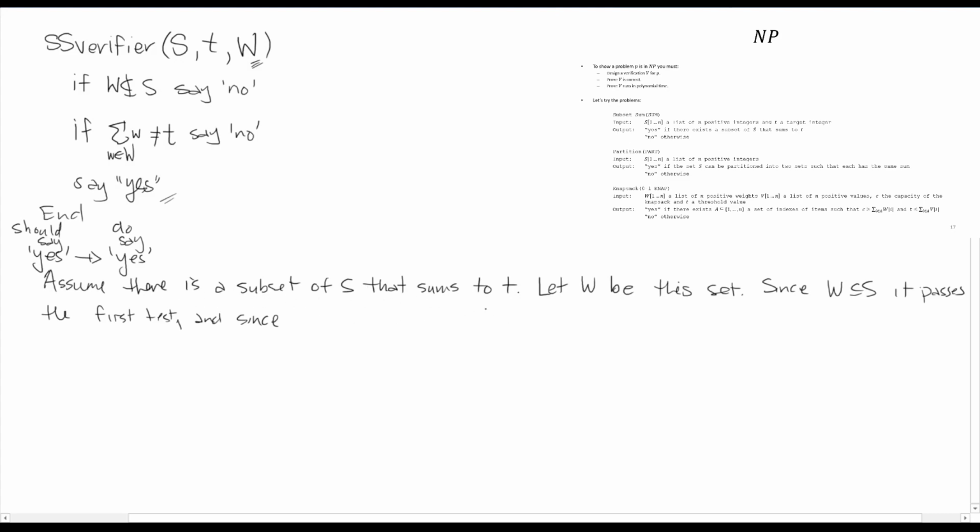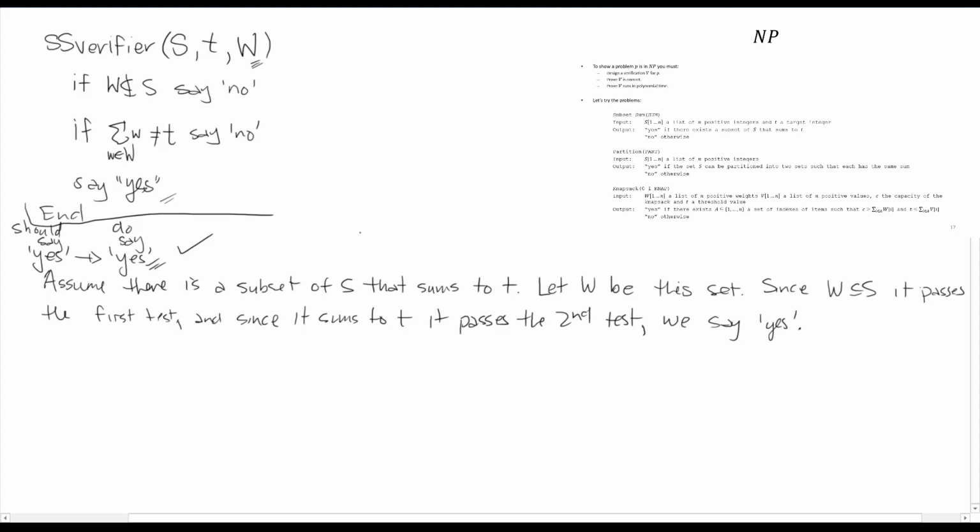W is a subset that sums to T, and since it sums to T, it passes the second test. We say yes. And remember, that's what we were trying to do. We're trying to argue that we say yes. So we argued that it passed our two tests here. Okay, so we've actually completed this branch.